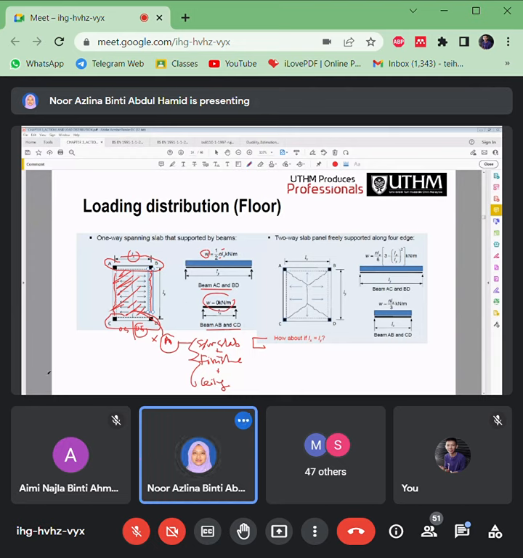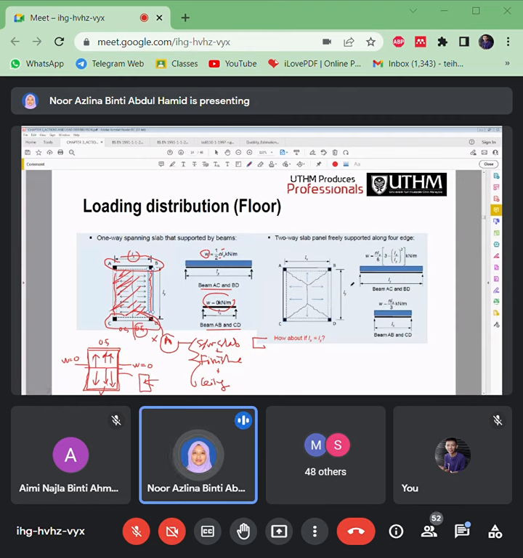The same applies if the load transfers in these directions, with beams all around: half will be transferred to this beam and another half to this beam. This beam W is 0, this beam W is 0. That means this beam just carries its own weight. There's no slab load to be considered.